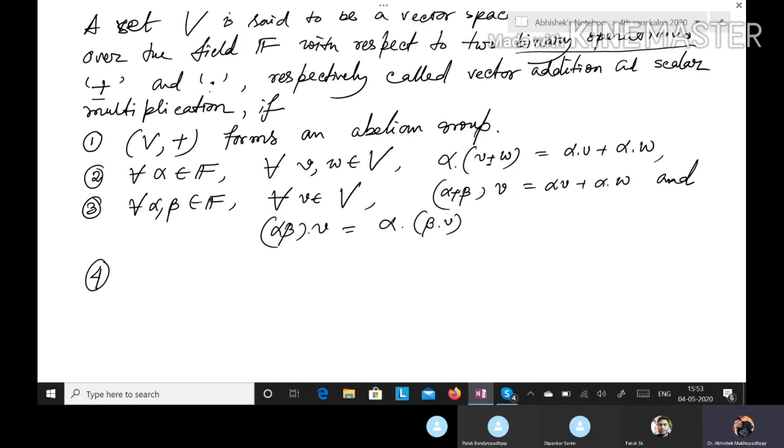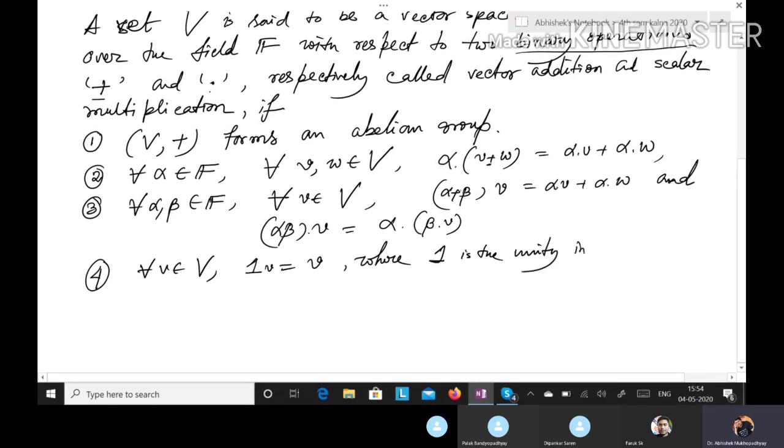So for all V belongs to V, 1V equals V, where 1 is the unity in the field F.